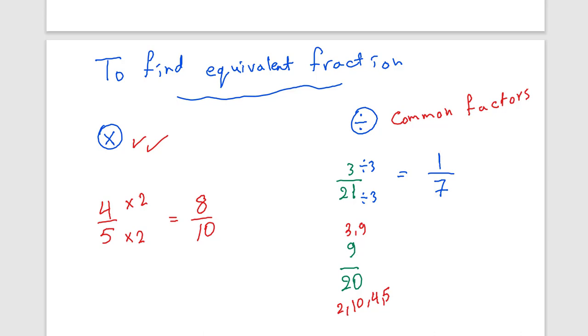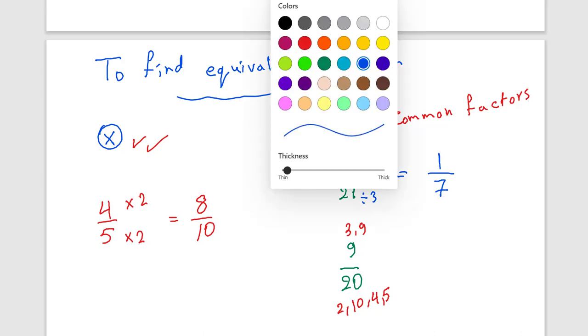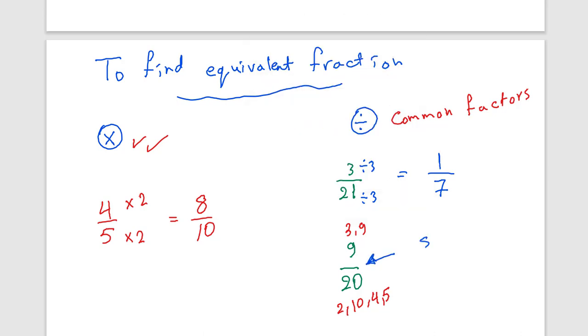In this case, we say that this fraction is in the simplest form, and when it is in the simplest form, you cannot divide.